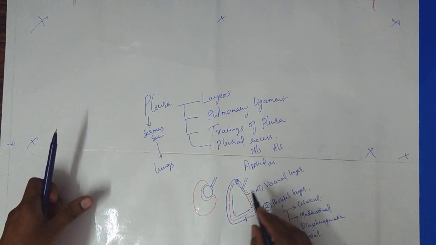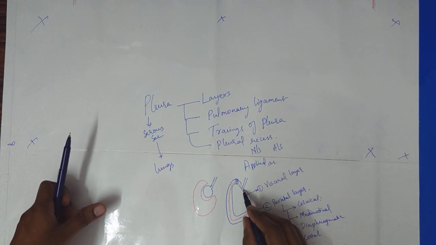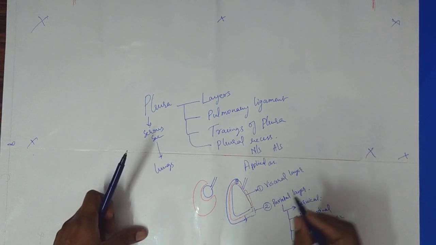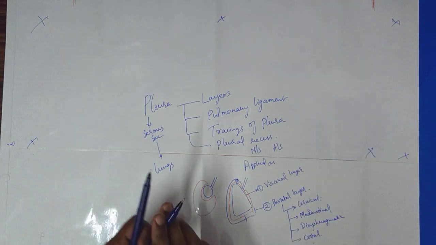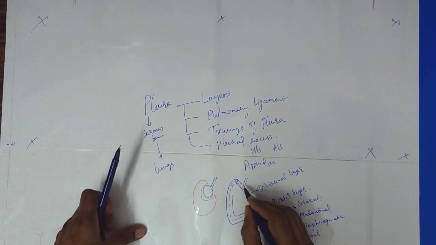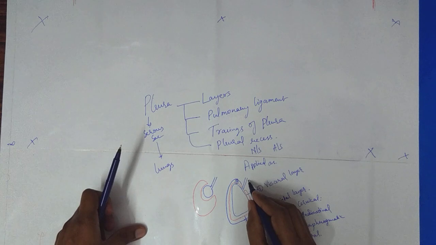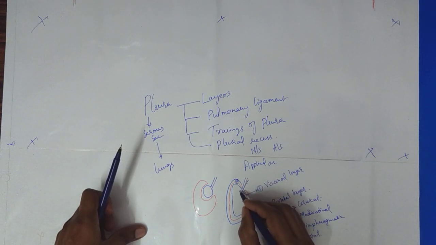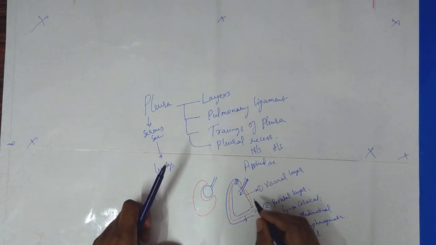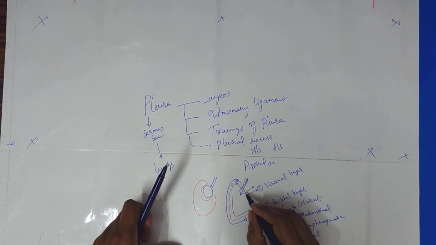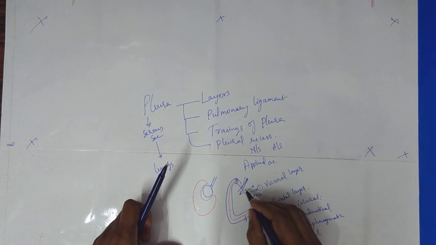So at one point, if you are seeing in this region, which is called the root of the lung, through which the structures enter into the lung and go out of the lung, at this point the parietal layer, which is the outermost part, and visceral layer, which is the innermost, are in continuation.